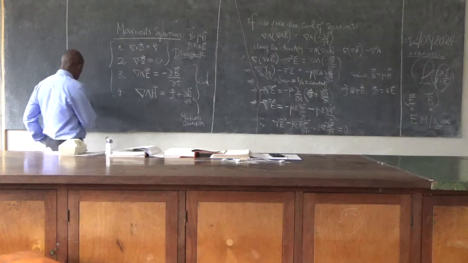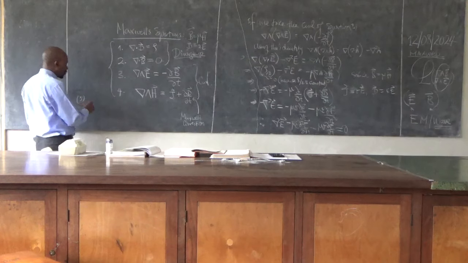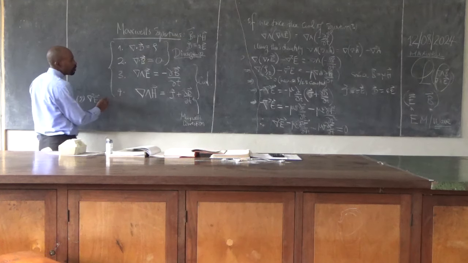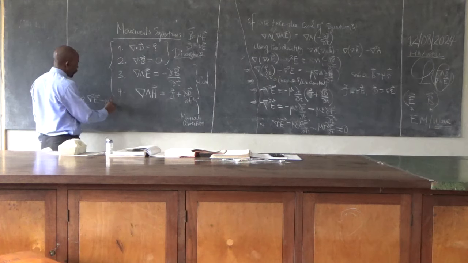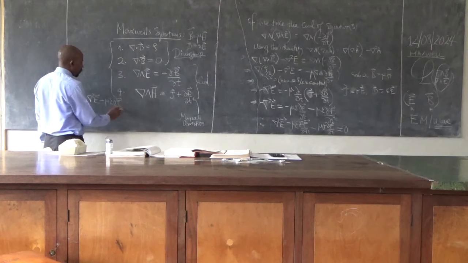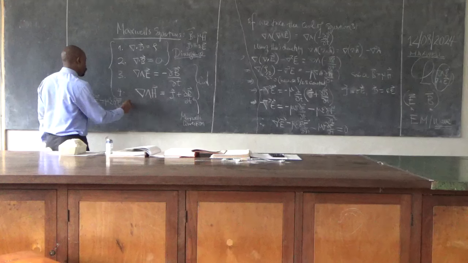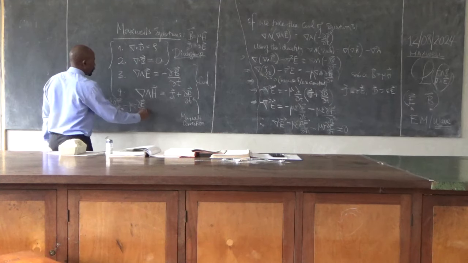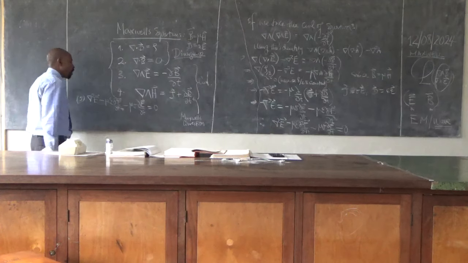So I will put here grad squared E minus μ ε ∂²E by ∂t², then minus μ σ ∂E by ∂t equals to 0.